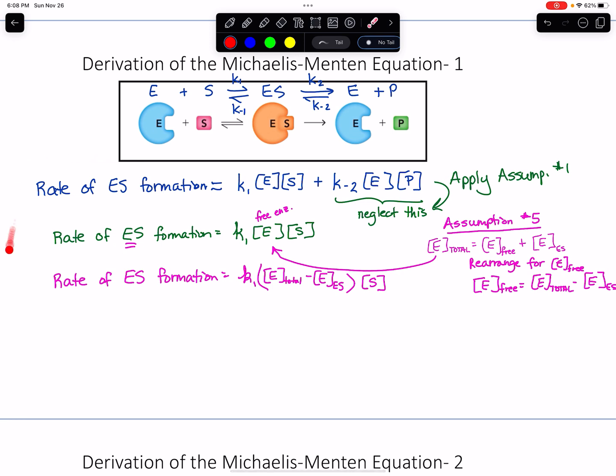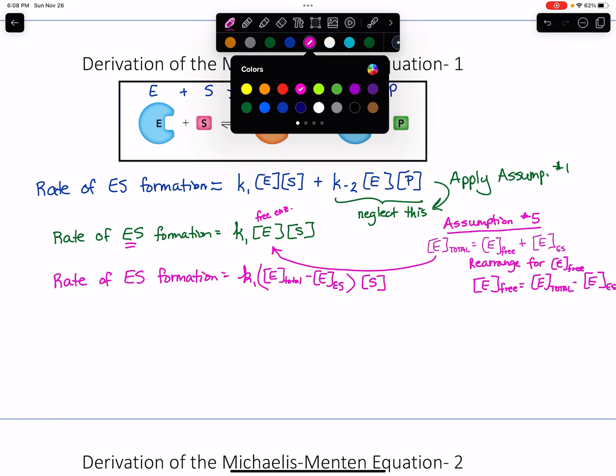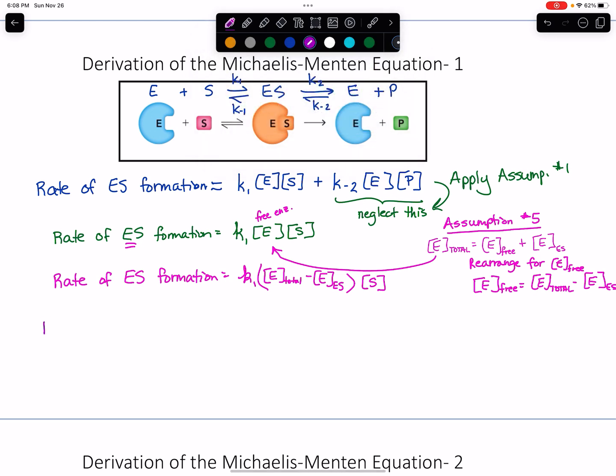So first we worried about how it was formed. Now we're going to switch. Let's go purple. And we're going to talk about the rate of enzyme substrate breakdown, because we have those two things happening.